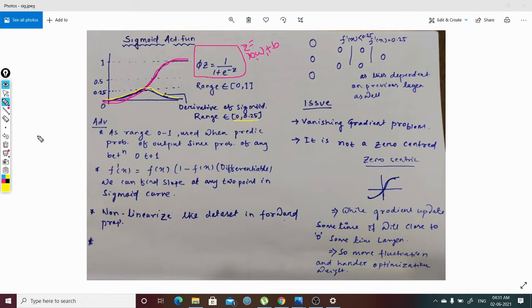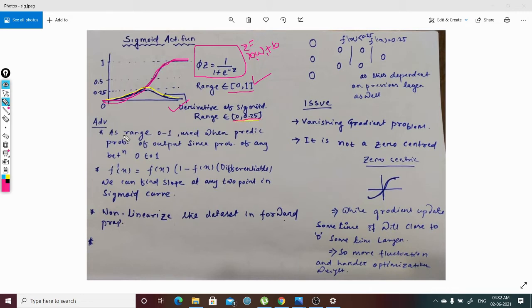The normal sigmoid activation function ranges from 0 to 1 during forward propagation, and as we use the derivative of the sigmoid function in backward propagation, it ranges from 0 to 0.25.